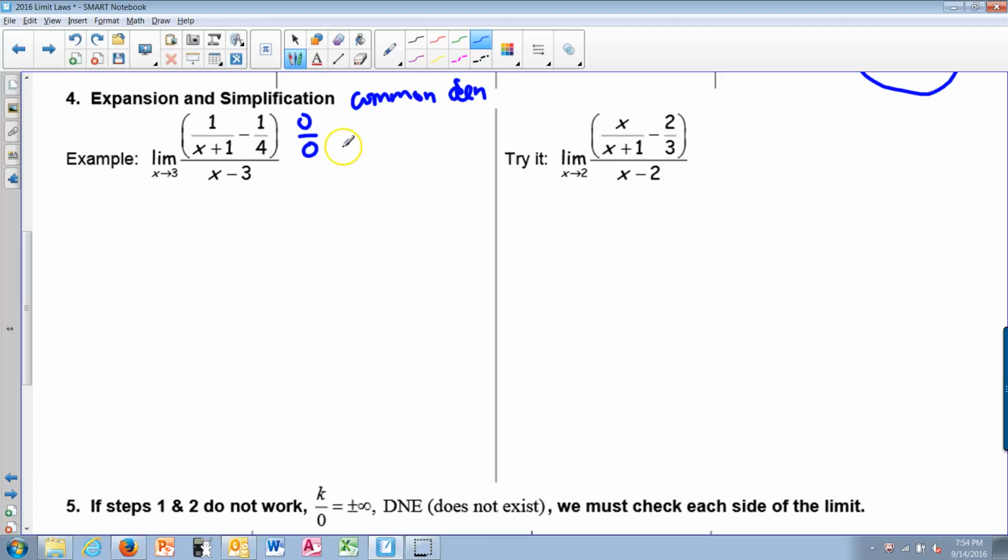Next thing I want to remind you of is that if I divide by the term x minus 3, dividing by a number is really the same thing as multiplying by the reciprocal. So I can split this up to make it a little less confusing so I don't have a complex fraction or fractions on top of other fractions by writing it this way.